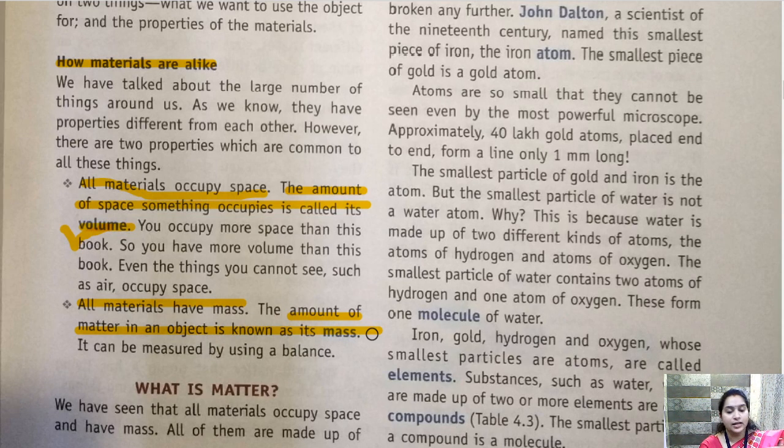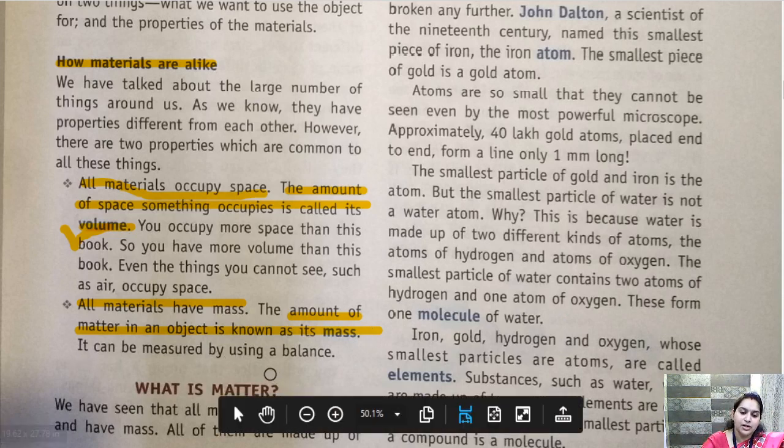Clear? In this water bottle, this plastic contains mass, this cap has mass, and the water that is filled in it also has mass. When we add the weight of all these things, it is the complete weight of this bottle. It can be measured by using a balance. Clear? A weighing balance or weighing machine or anything like that.